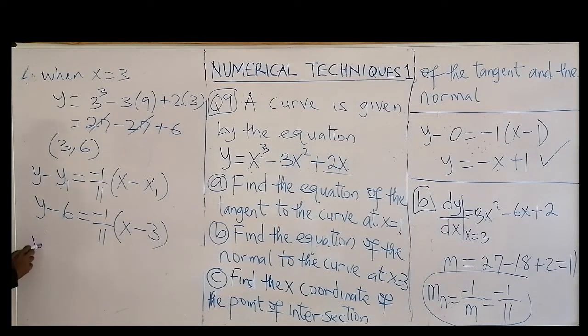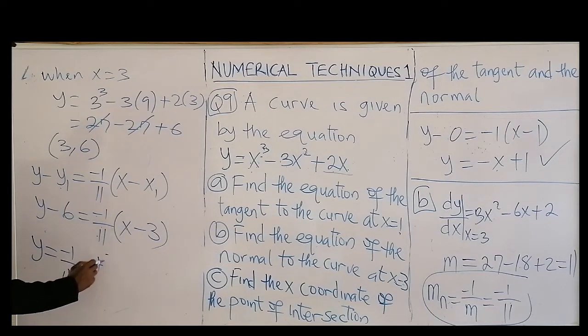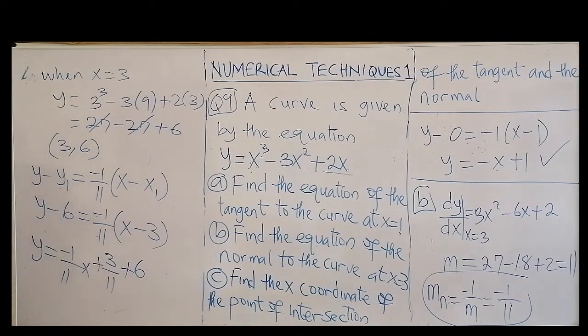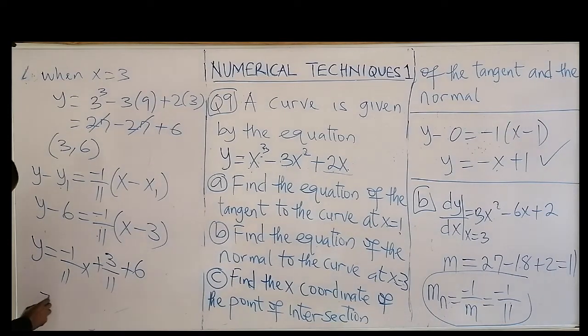So y will become minus 1 over 11 x, then minus 1 over 11 times 3, that's plus 3 over 11, then plus 6. So that will be equal to minus 1 over 11 x plus 69 over 11. So that finished the question.